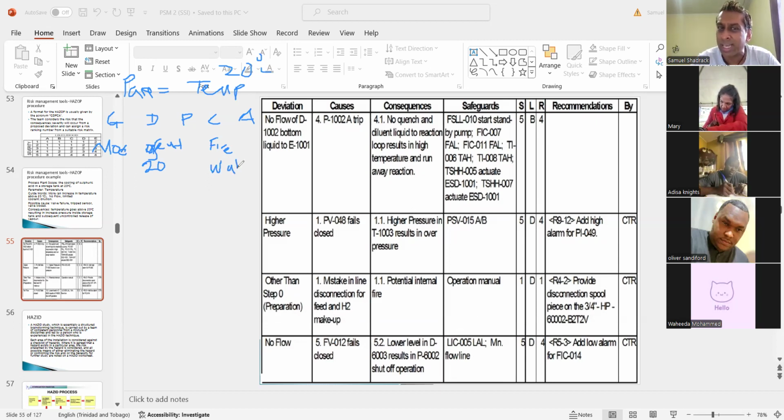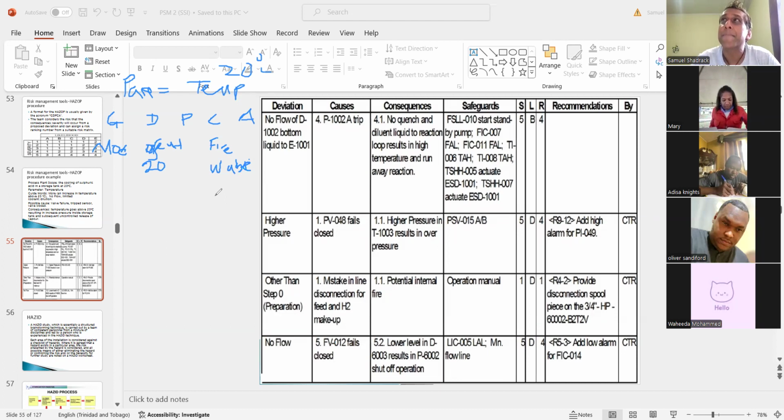It would actually fail quality tests, right? So if the temperature goes beyond, that's the possible consequence. It'd be a waste product. So product wastage would have been what should have been there, right?